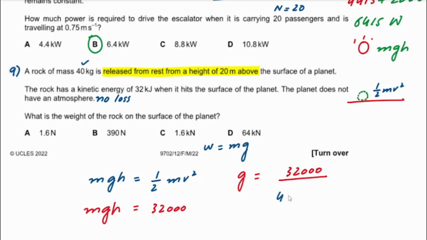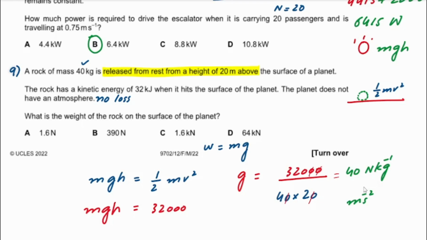The mass was 40 times the height was 20. So 2 zeros cancel out, and then we have 4 2s are 8, 8 4s are 32, followed by 0. So this is the gravitational field strength on that planet. You can write it in newton per kilogram if you want, or you can even write it as meter per second squared. This is the value of g on that planet.